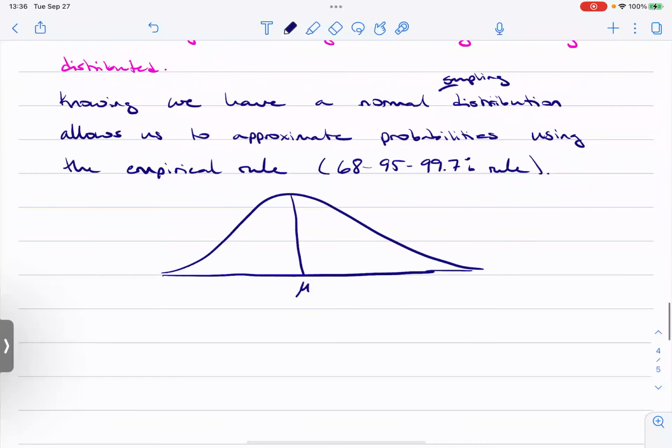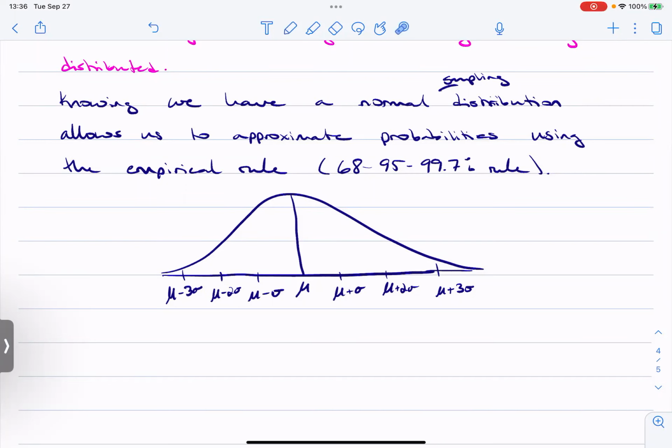I've got mu, and then mu minus sigma, mu minus 2 sigma, and mu minus 3 sigma. Same thing, mu plus sigma, mu plus 2 sigma, and mu plus 3 sigma. You can review those if you want to, but they're not going to be important.